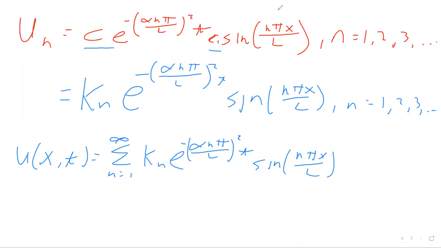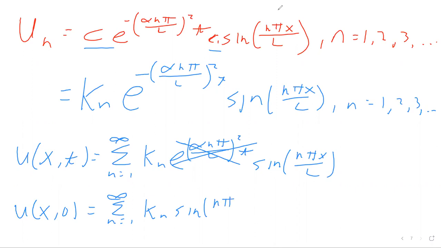Our Fourier series, that we can use our boundary conditions to make your t a 0, then this whole thing is going to disappear. And of course, this will work for all the x's between 0 and L. But this, since it's exactly a sine Fourier series, we can then find our k's.